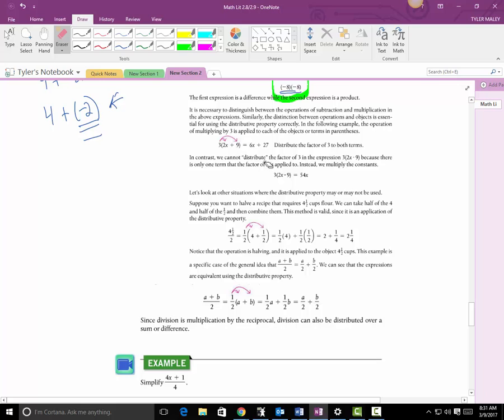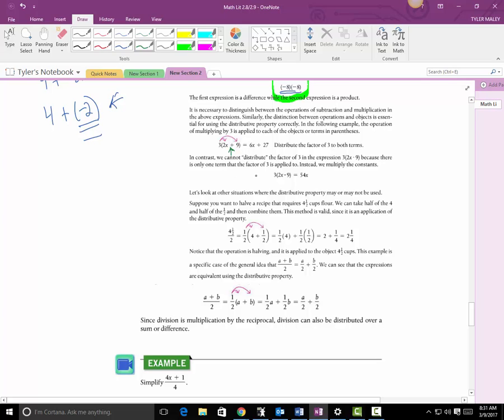So then the next item here that we can read over is talking about the distributive property, and how having a plus sign here really means I have two terms inside the parentheses, so I do need to distribute the 3 to everything.